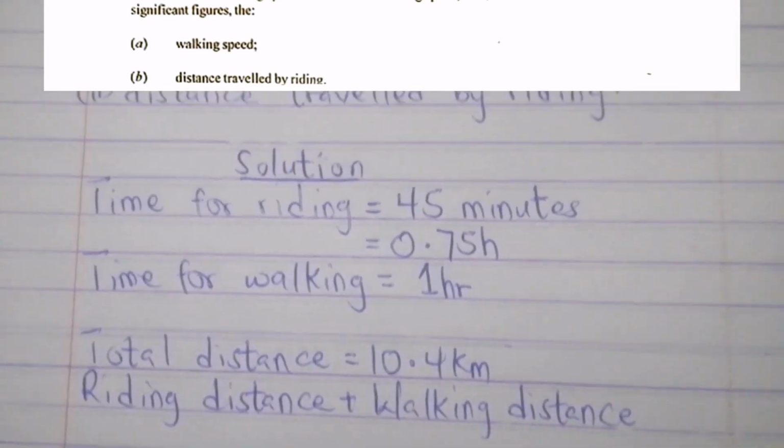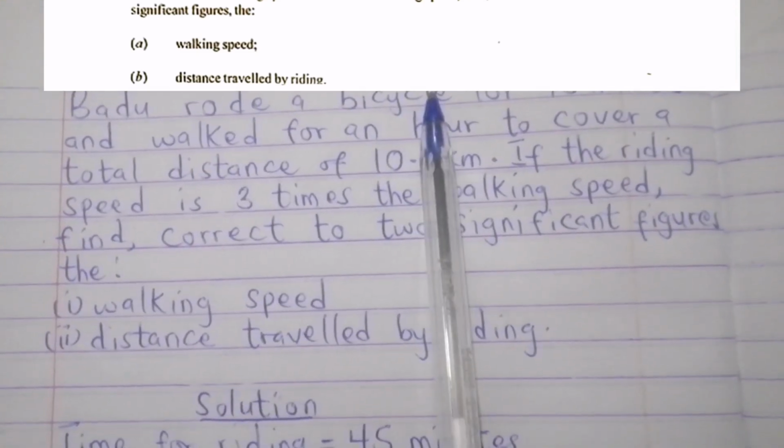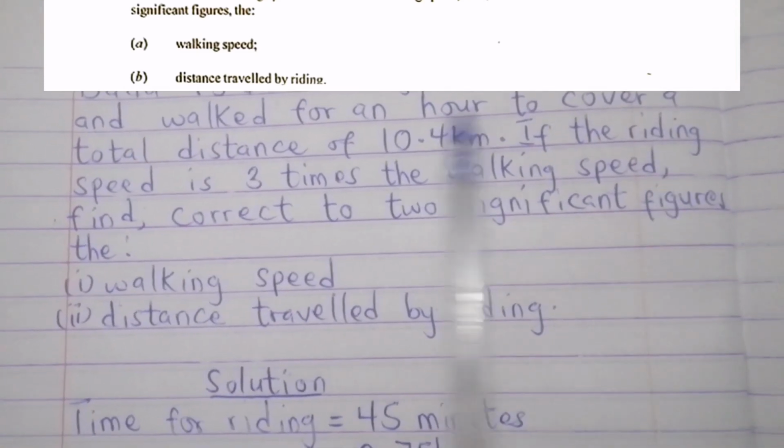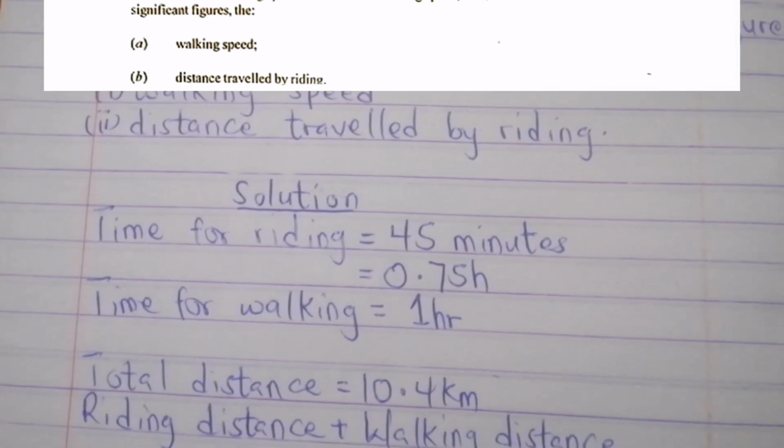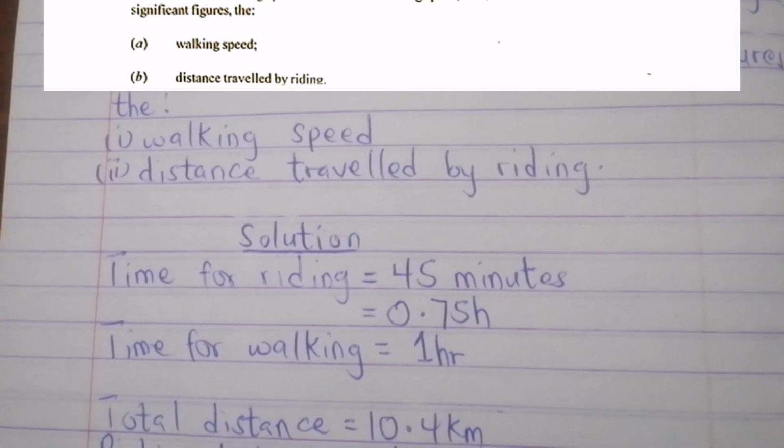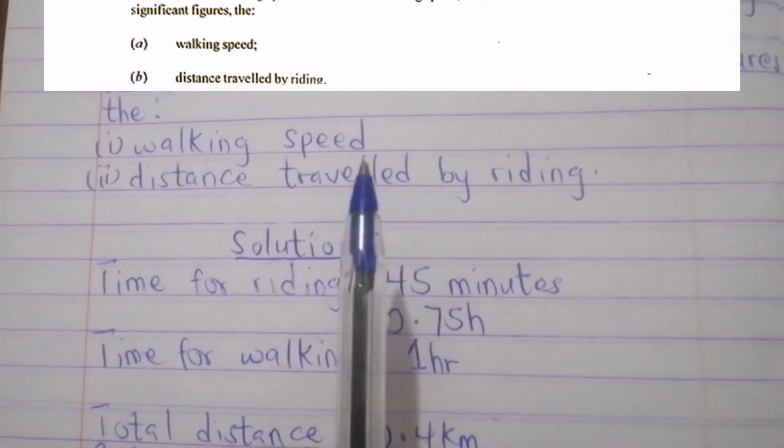So that's what the question said. The question said that he rode a bicycle and then he walked to cover this distance. Very good. So now we are going to find I, the walking speed.